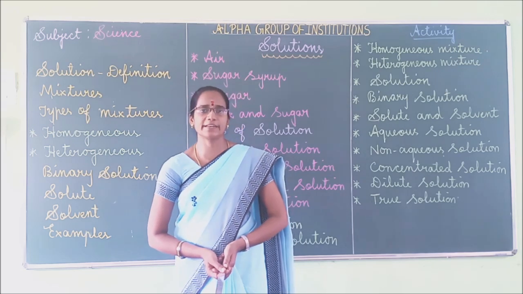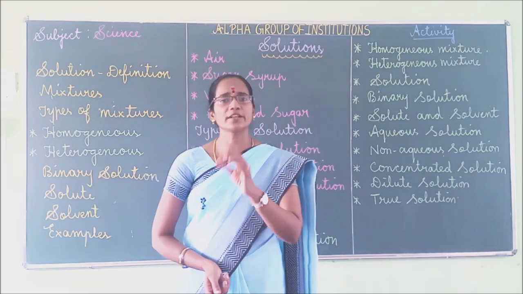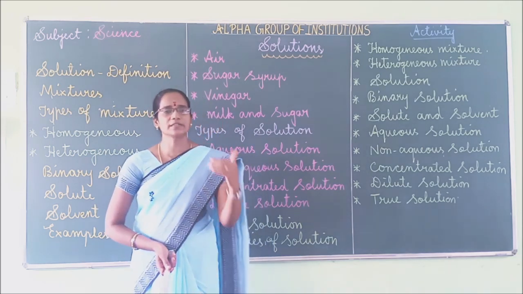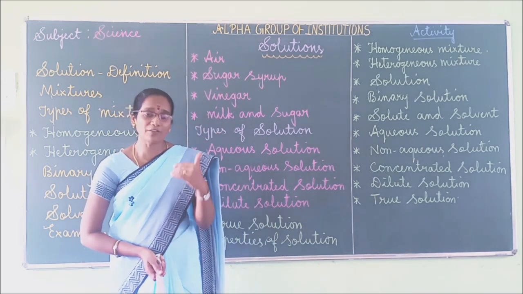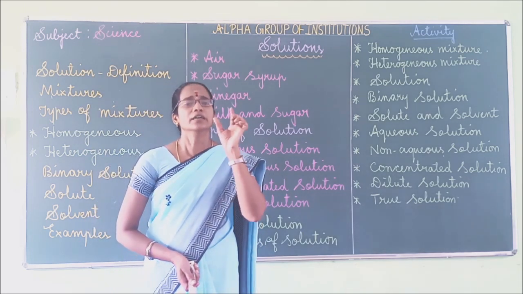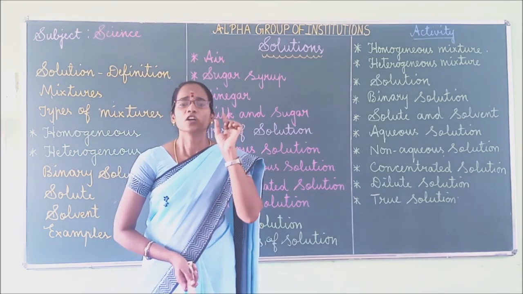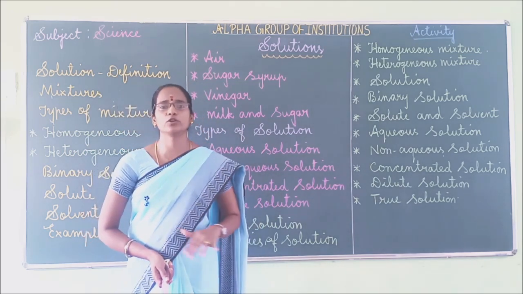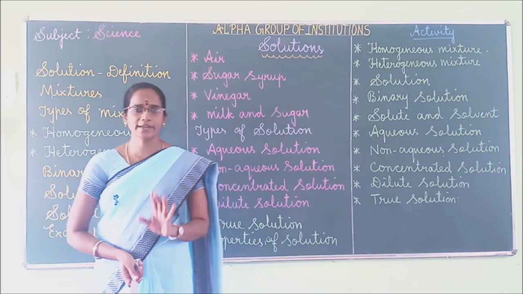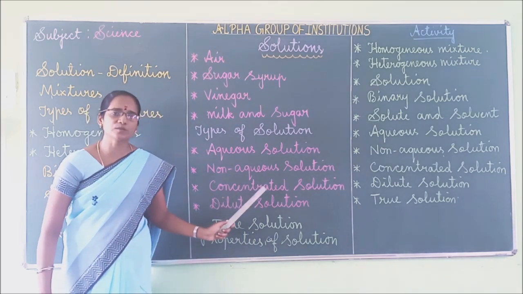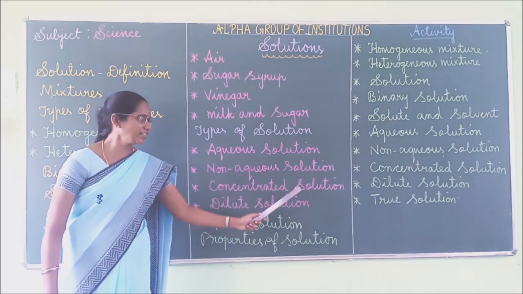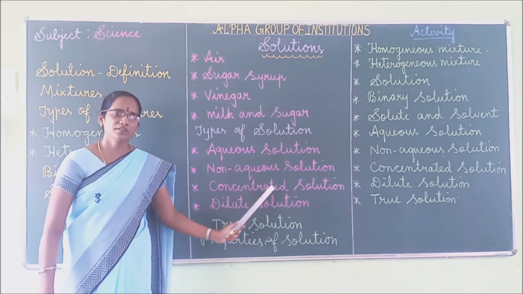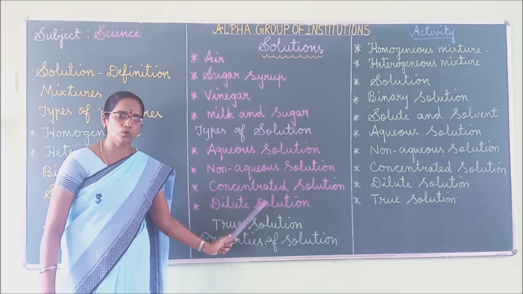These are concentrated acids. By using water we can dilute these acids. But when we buy sulfuric acid and hydrochloric acid, they are in the concentrated form only. If we want, we can dilute them by using water, right? So concentrated solution means a solution which contains a large proportion of solute.